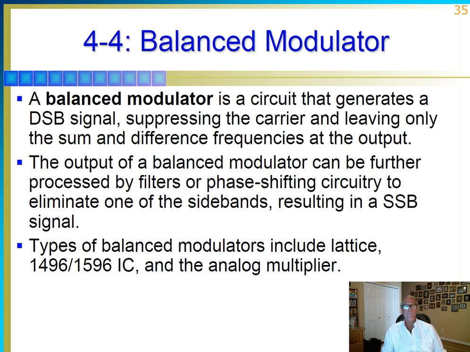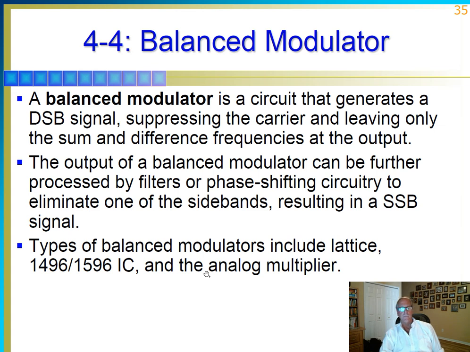And we're going back to modulation now, if you want to generate a single sideband signal or a double sideband signal, you use a balanced modulator. So if you want to generate a single sideband signal, what can you do? Just use a balanced modulator, generate the double sideband, and then filter out one of the sidebands. Now you've got a single sideband.